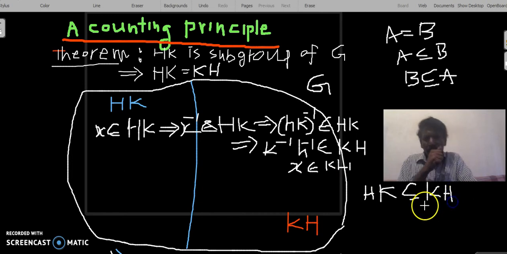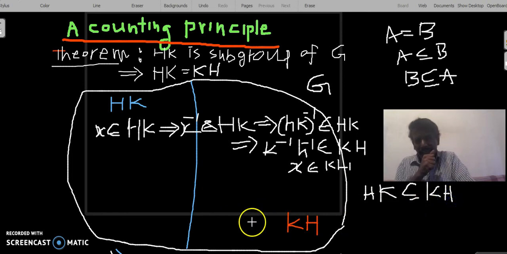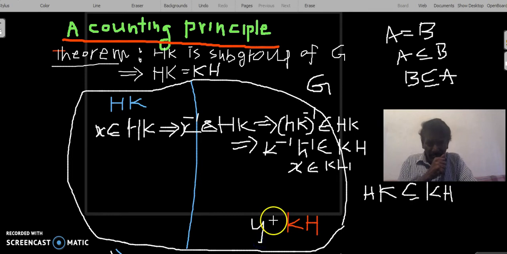Next I am going to take one element y belonging to KH. Now y belongs to KH implies y inverse also belongs to KH. But y inverse is an element of the type kh.